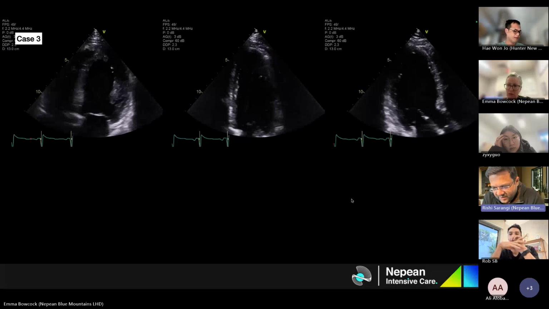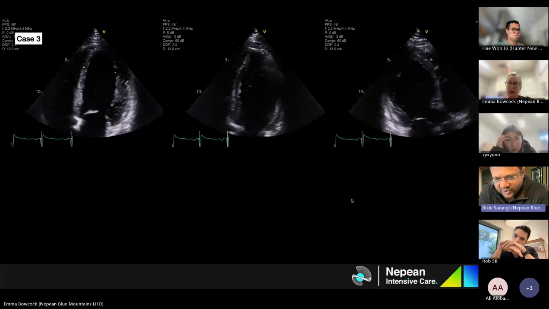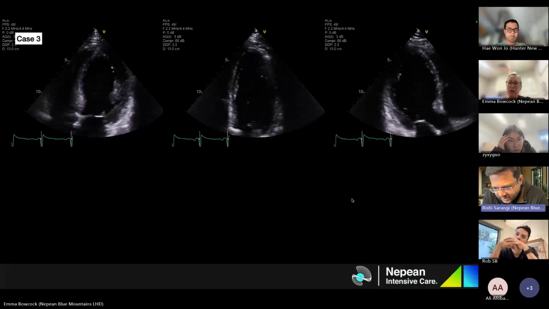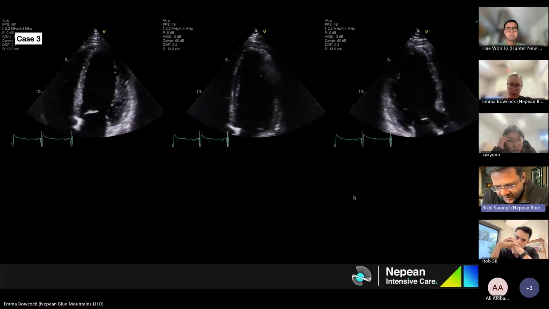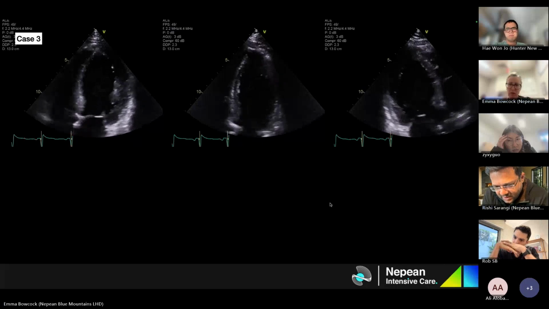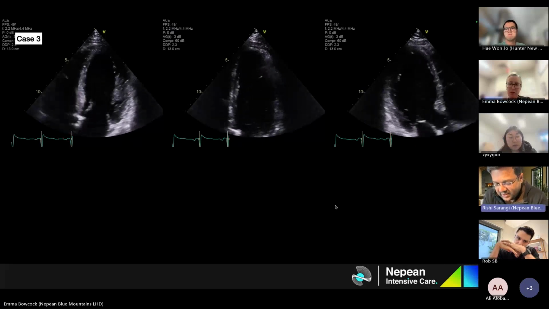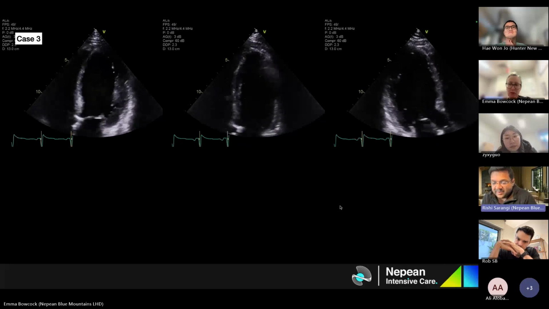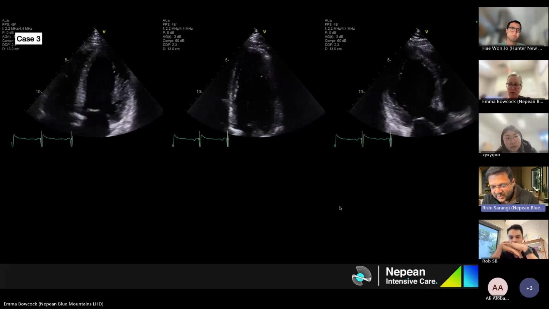So mid ventricle appears to be hypocontractile, so hypokinetic, I would say. And how about the base of the heart? So base is probably hypokinetic as well. I mean, mid appears to be hypokinetic or akinetic, but base appears to be hypokinetic.